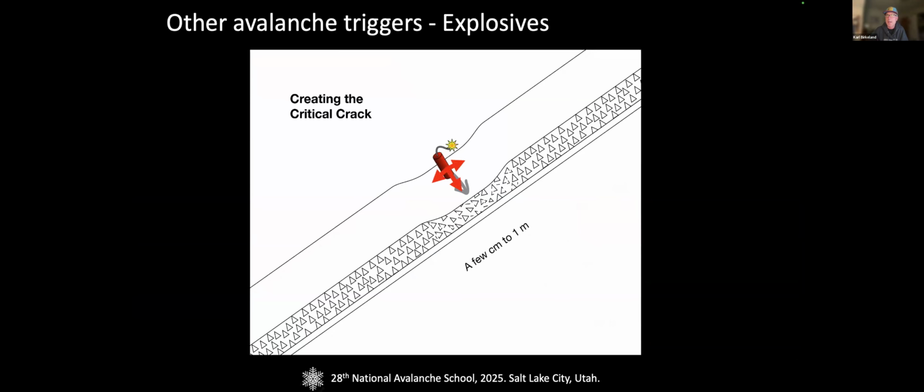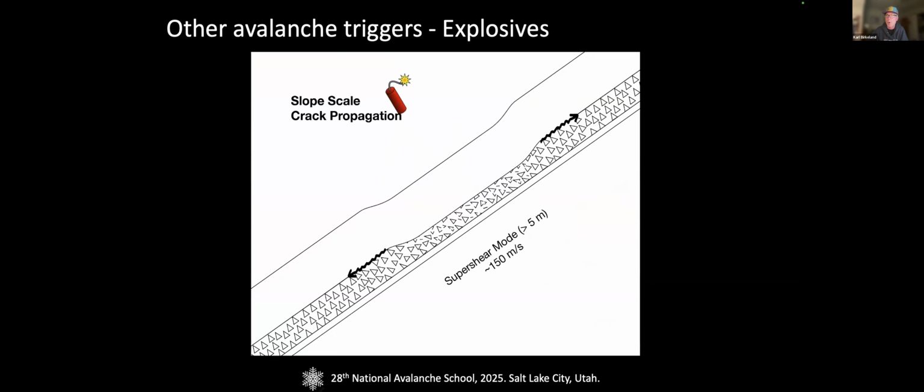And explosives, I'm not really going to go into. If you're tossing explosives, it's better to have them on the surface and even better to put them in the air. It helps. You actually reach more of the snowpack and you keep that slab integrity a little bit better.